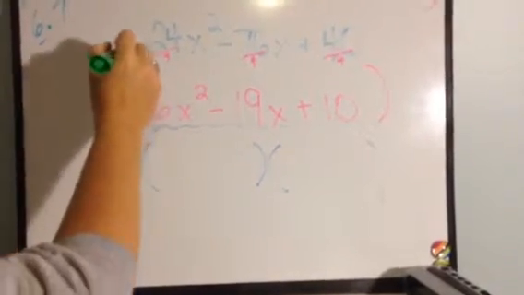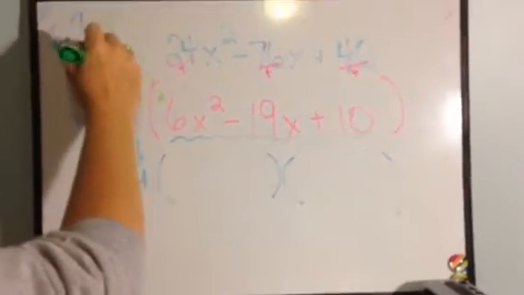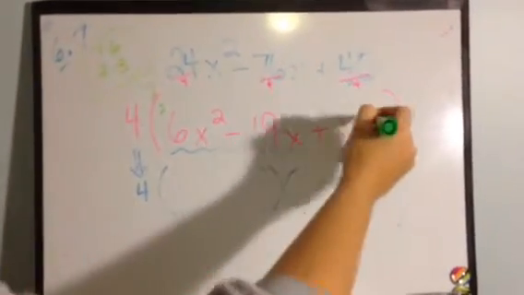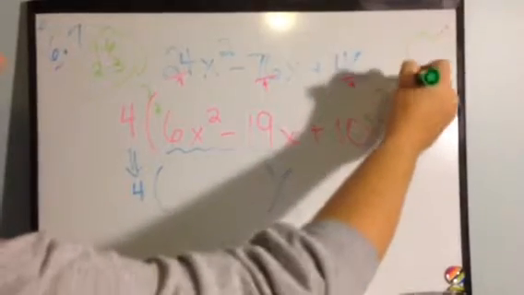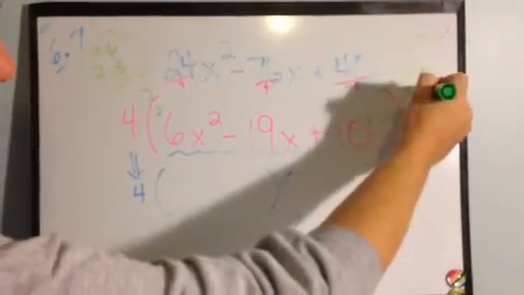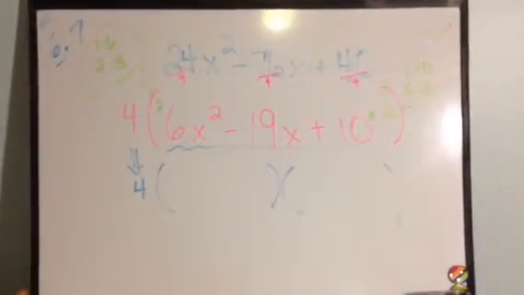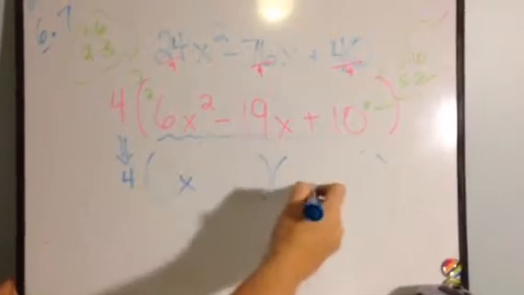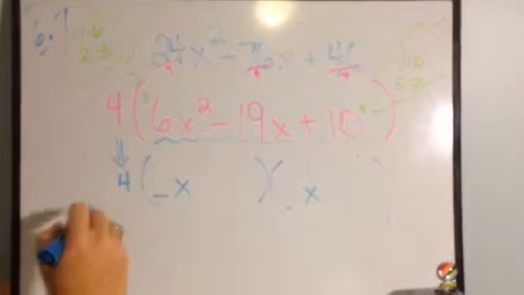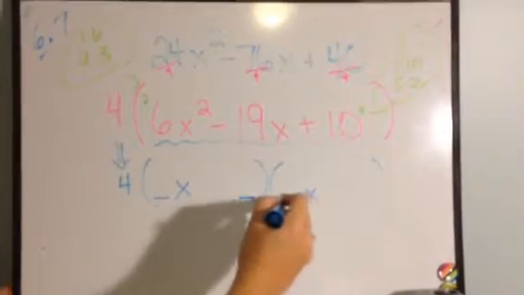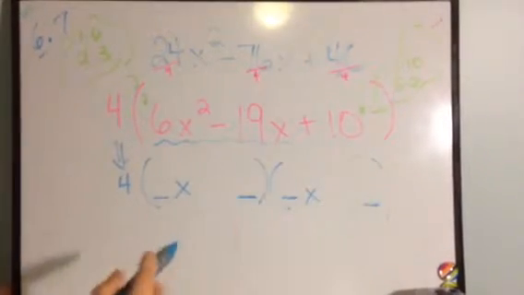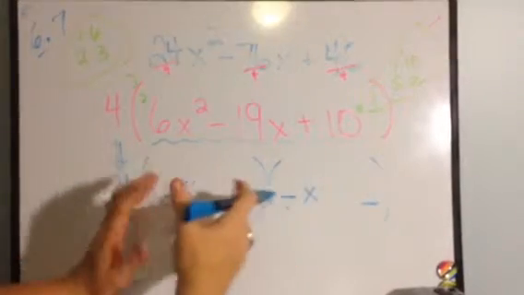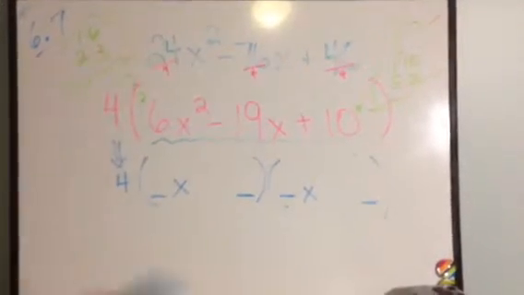My factors of 6 are 1 and 6, 2 and 3. My factors of 10 are 1 and 10, and 5 and 2. I know I'm going to end up with an x and an x, but it's a matter of what's going to go here and here, so that when I FOIL this back together, I end up with my original problem.